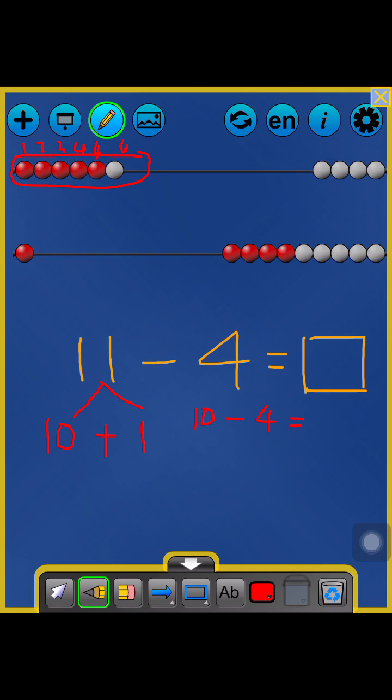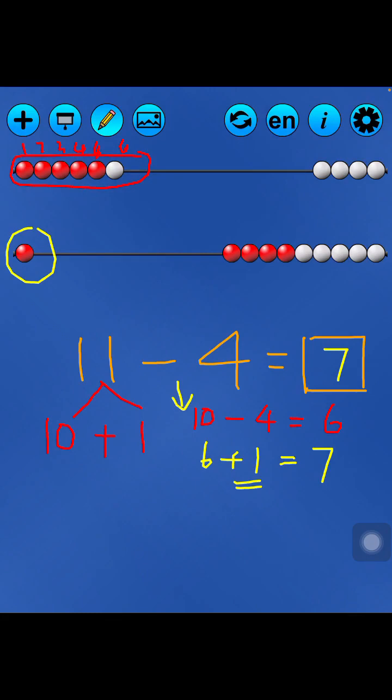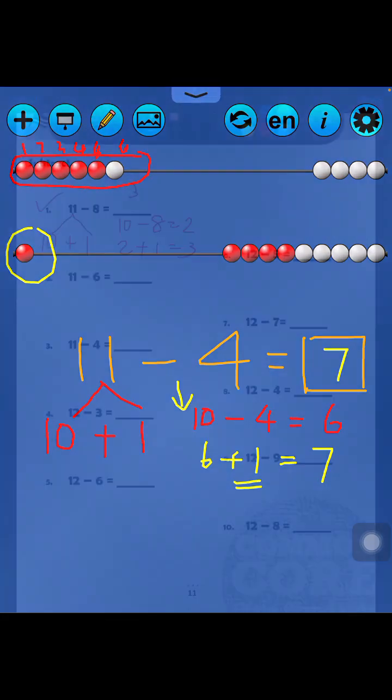So that means 10 minus 4 equals 6. And in the second row, how many bits are left? Yes, it's 1. 6 plus 1 equals 7. So when we find 11 minus 4, we first subtract 4 from 10, that means 6. And 6 plus 1 equals 7. That means the answer is 7.